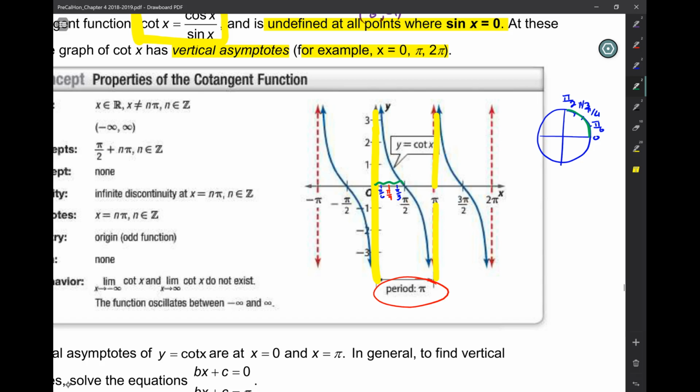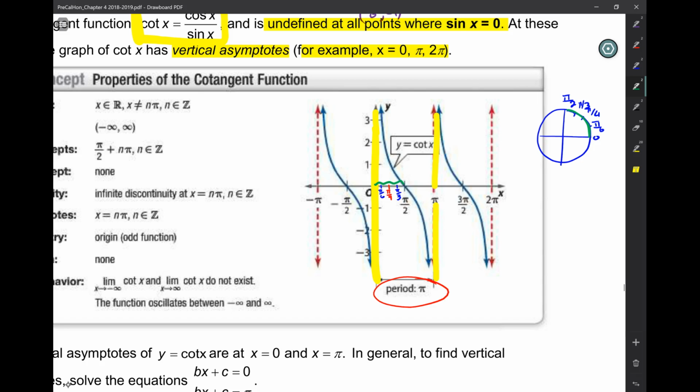On the unit circle, in the first quadrant, is cotangent positive or negative? Positive. That means on the graph, for the angles that correspond to the first quadrant, cotangent is going to be positive, above the x-axis.